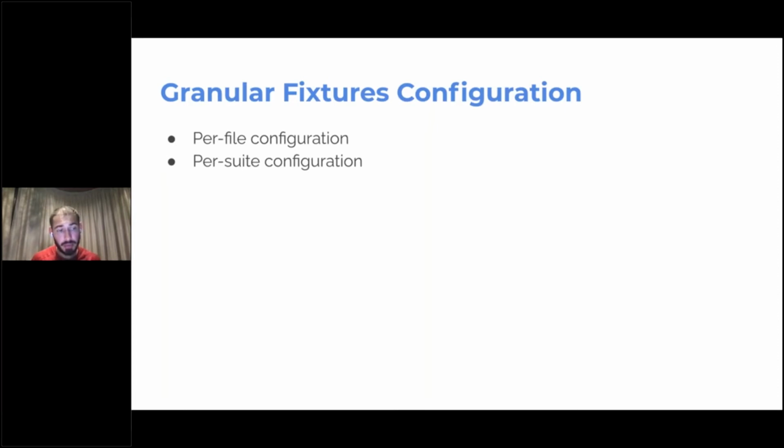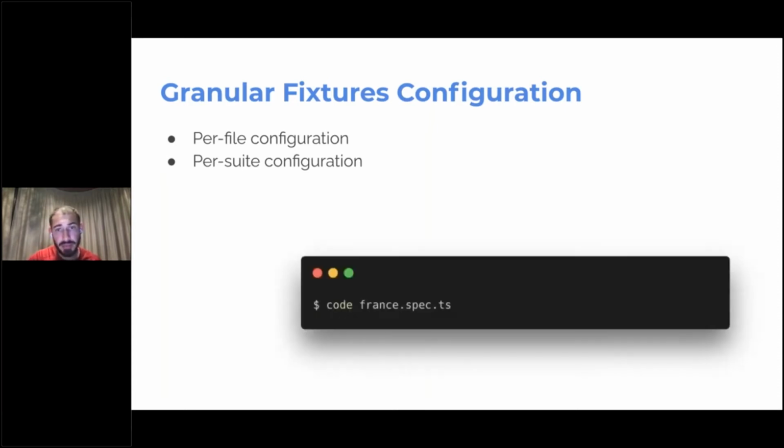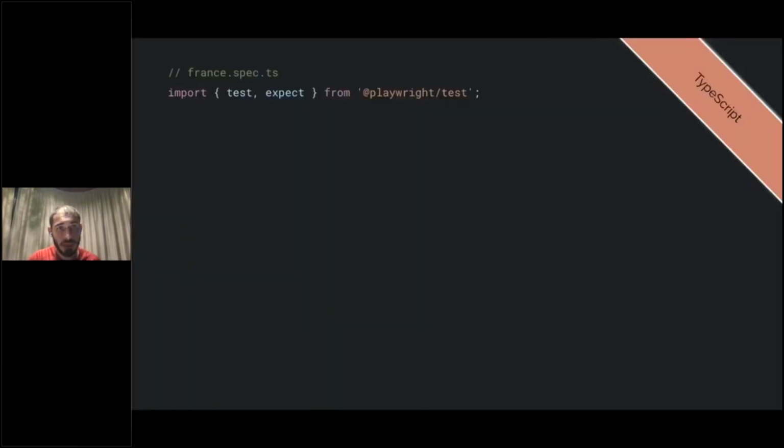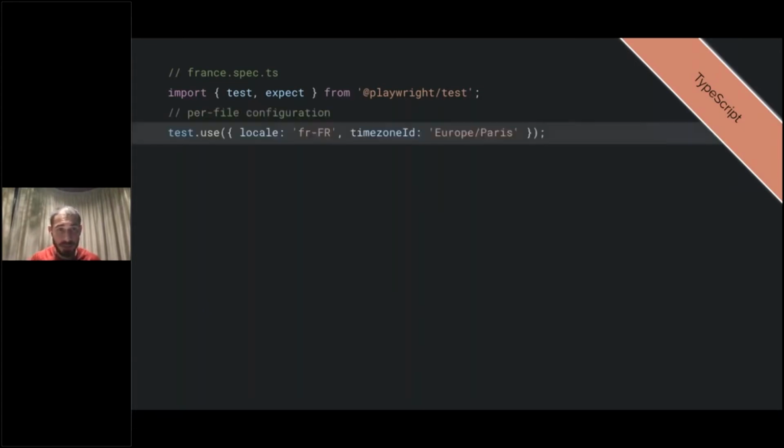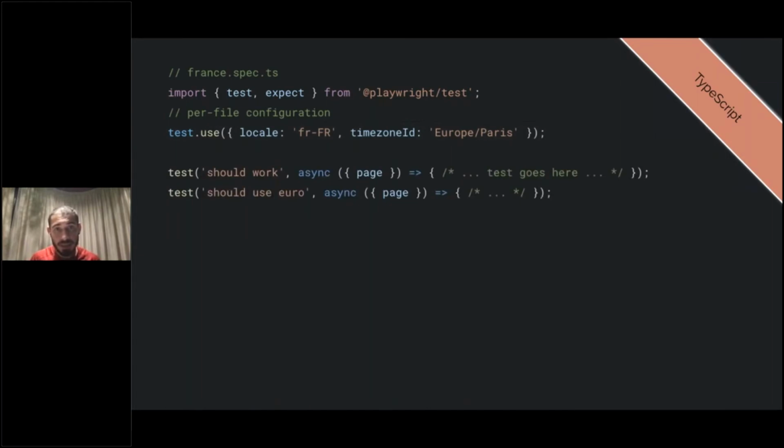To demonstrate this, let's say you have a france.spec.ts file that happens to have all the tests related to the France region. Inside this spec file, if I put test.use as the very first line, or the second line actually, then all the tests below will run in this Paris time zone, for example.